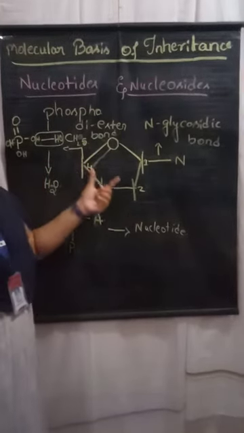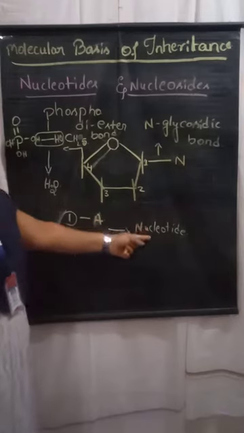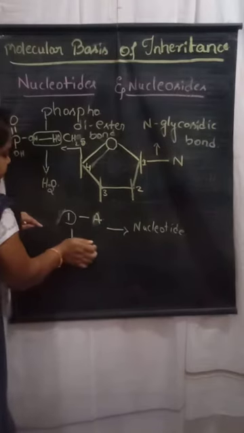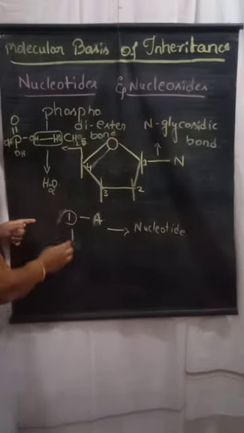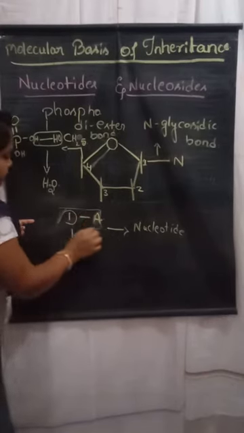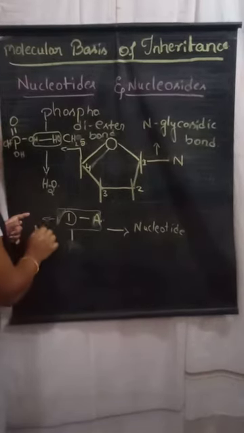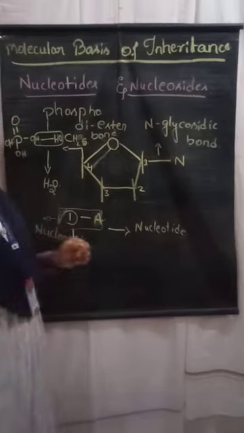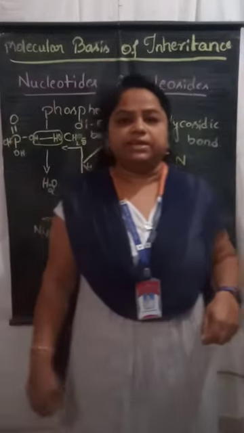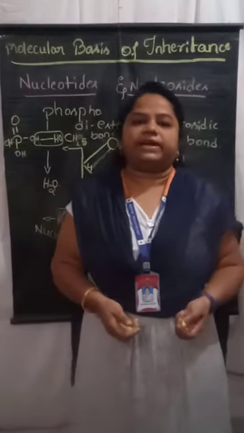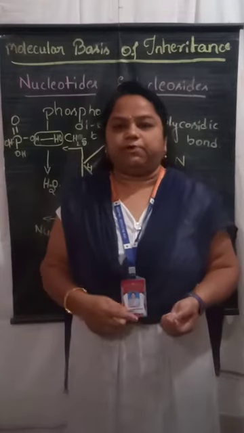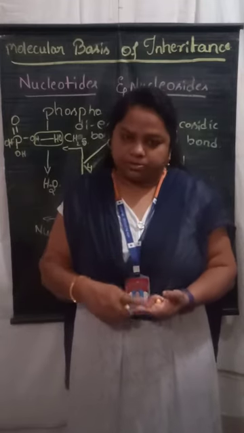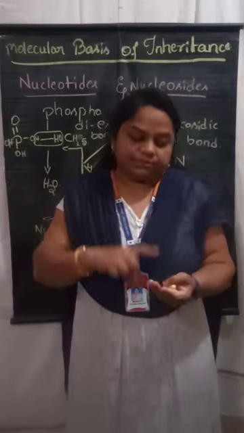So the nucleotide is composed of pentose sugar, nitrogenous base and phosphate group. These three compose the nucleotide. If we remove the phosphate group, only these two remain, and it forms a nucleoside. This is the difference between a nucleotide and a nucleoside. A nucleotide is formed from a pentose sugar, nitrogenous base and a phosphate group.